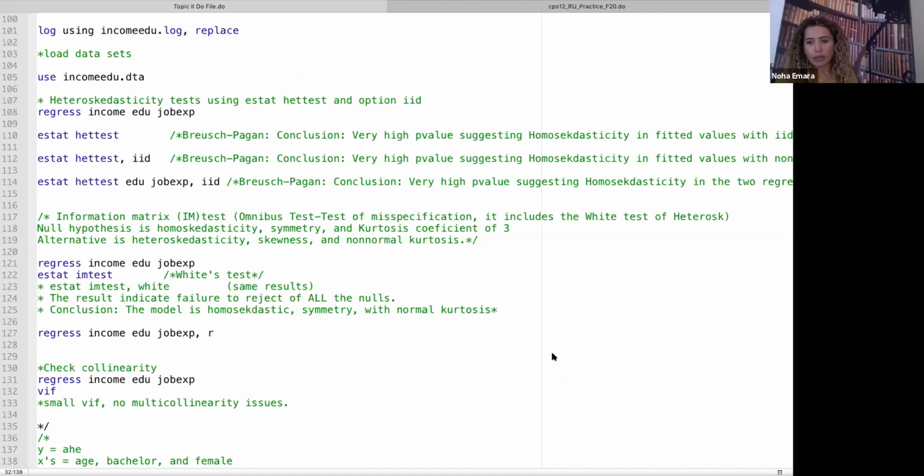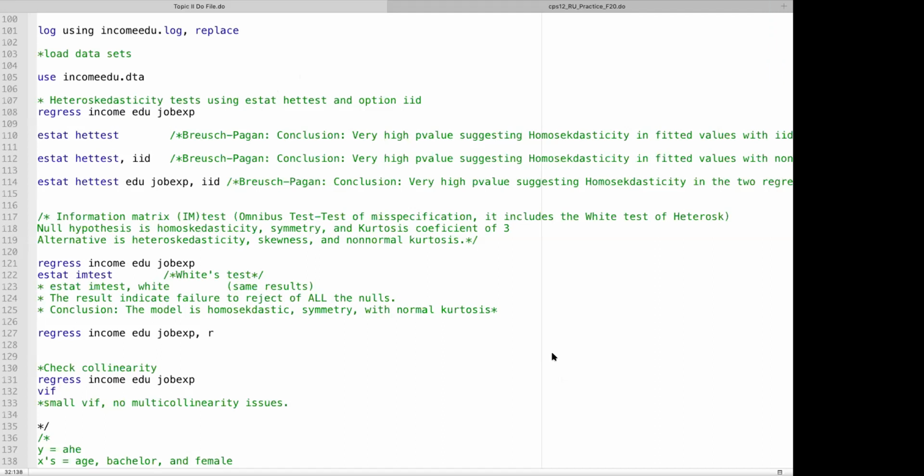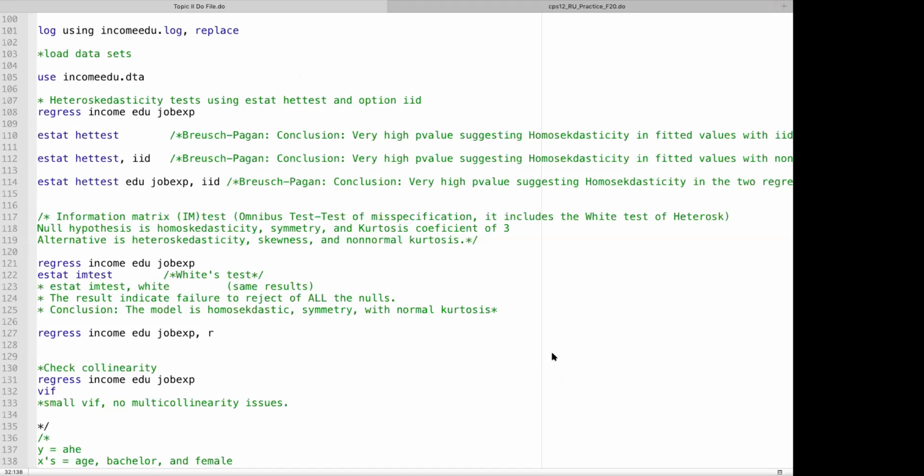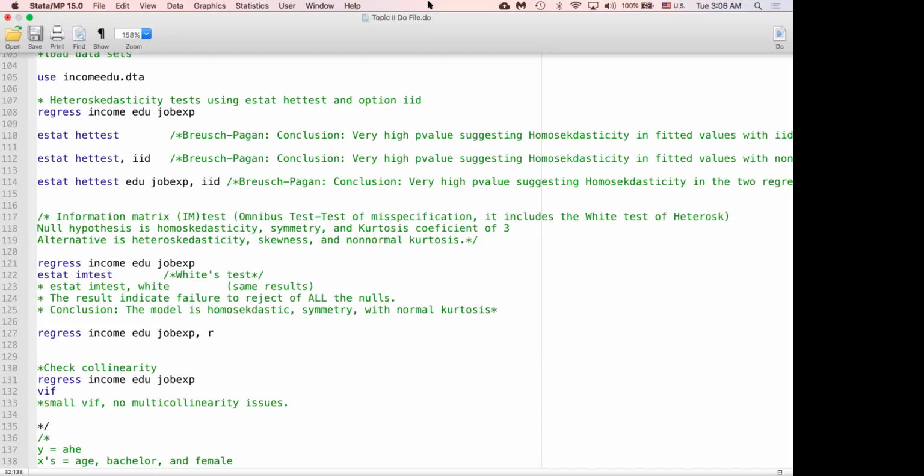How about the rest? Has anybody done the next part? Yeah, I think I did it. Can you share your screen with us? Yes. Just a second. It says you cannot start screen share with others.